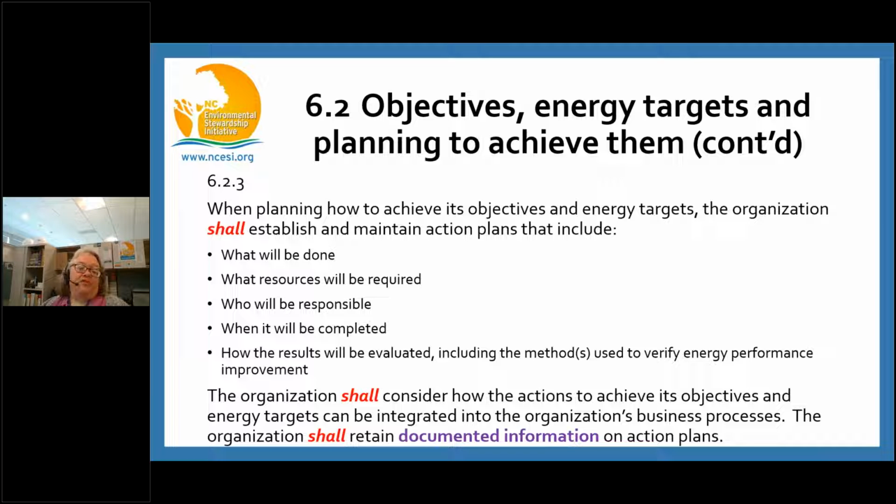And then the organization shall consider how the actions to achieve its objectives and energy targets can be integrated into your business processes. Your organization shall retain documented information on your action plan. So when you're creating your plans, you have to write down what you're going to do step by step to achieve your goals. So once you have your goal, then you need to establish a plan for achieving that goal.